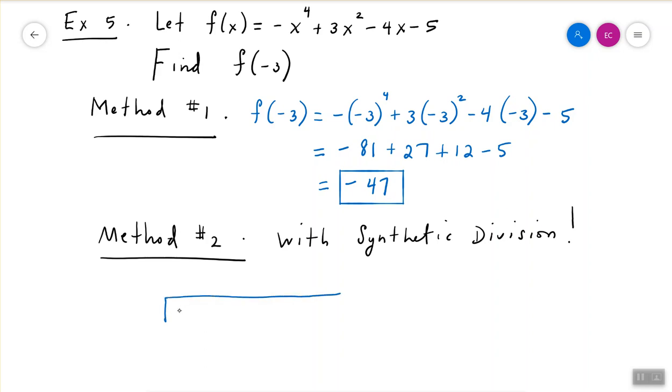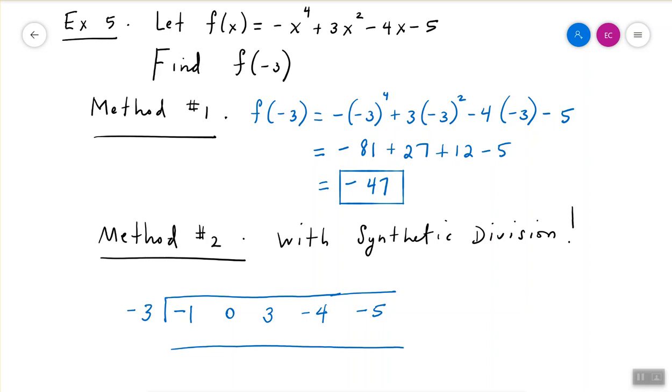Write those coefficients out carefully. Negative 1. X to the third is missing, so we'll put in a 0 as a placeholder for x to the third. And then the coefficient on x squared is 3. And then negative 4 times x to the first, and then the constant at the end. All looks good. And then out in front is the value k. Well, negative 3 is going to be our k value.